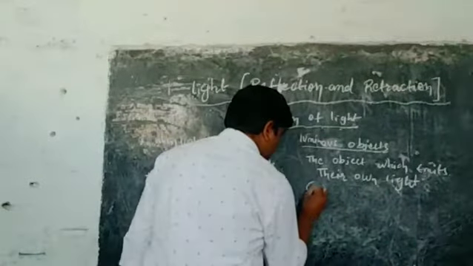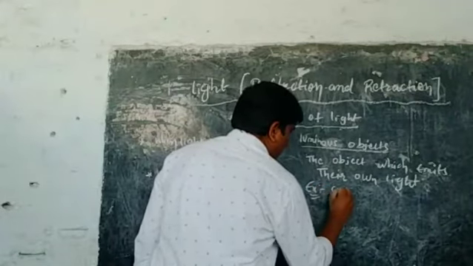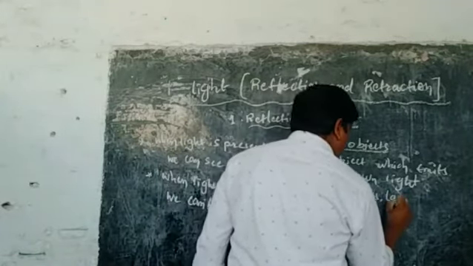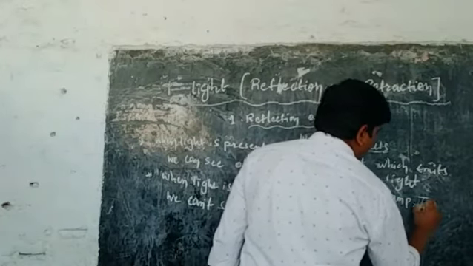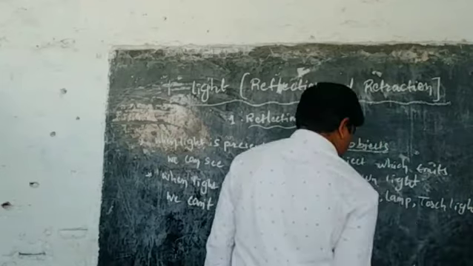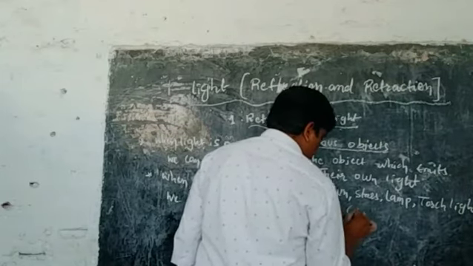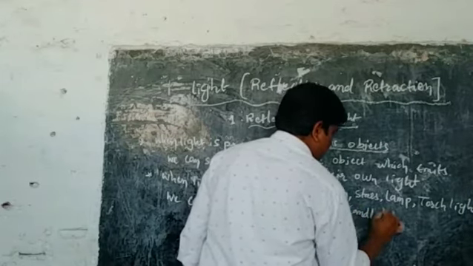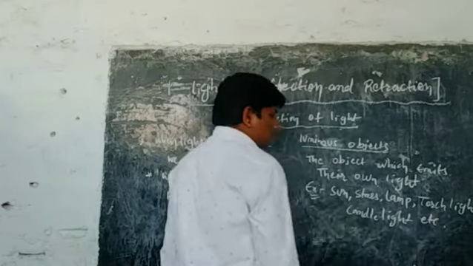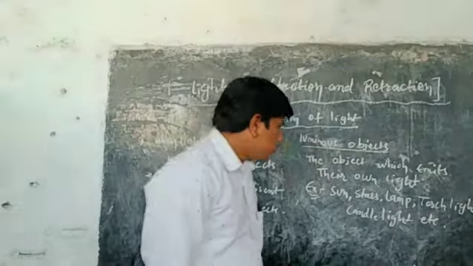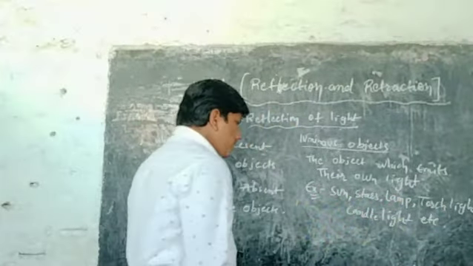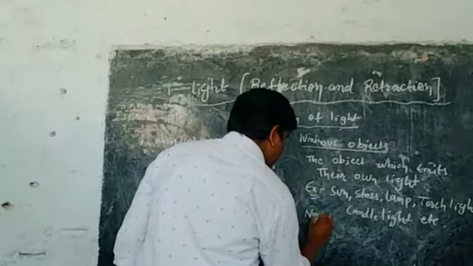Examples: sun, stars, lamp, torchlight, candlelight, etc. Among these, sun and stars are natural sources of light and the remaining are artificial sources of light.